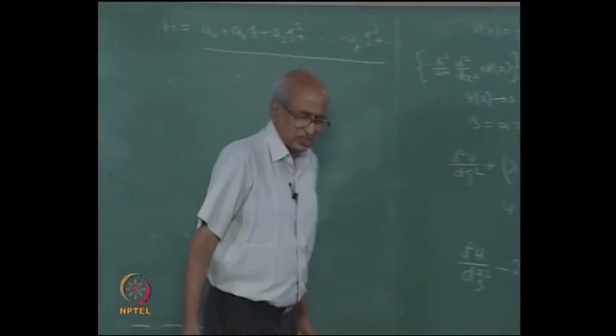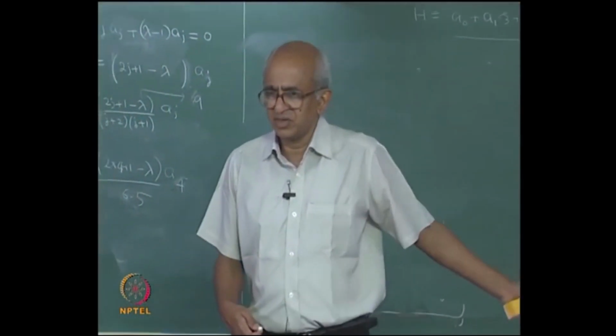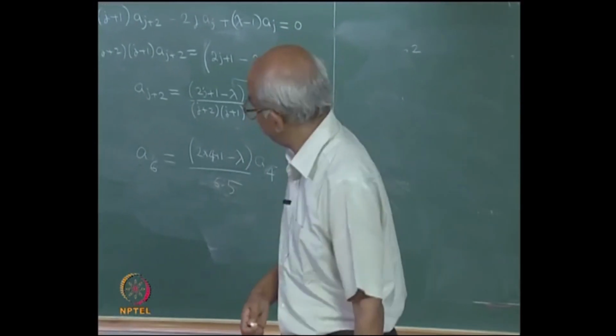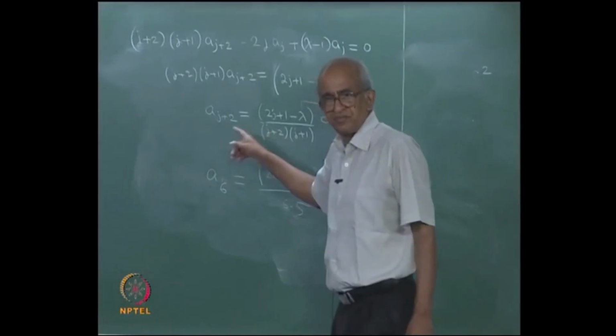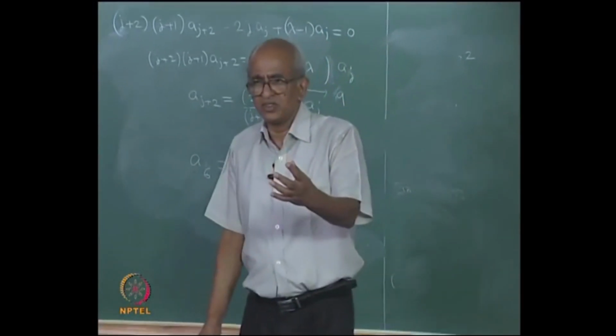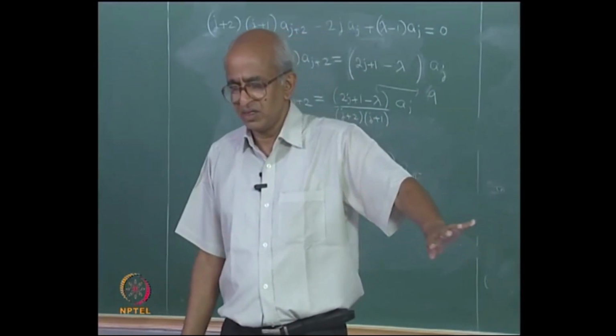Therefore, we know that the function h is a polynomial, it will satisfy this differential equation, and if you wanted to determine h, what you can do is use the recursion relationship. You will take a value for a0 and then use the recursion relationship to determine the polynomial.